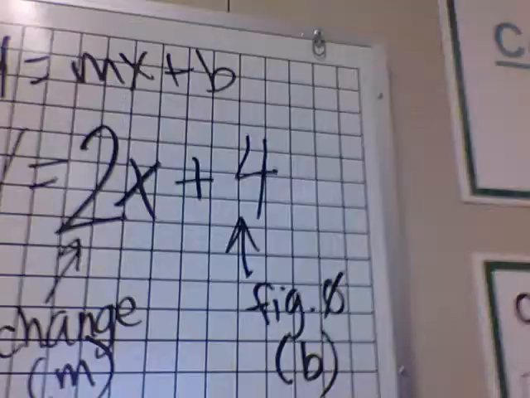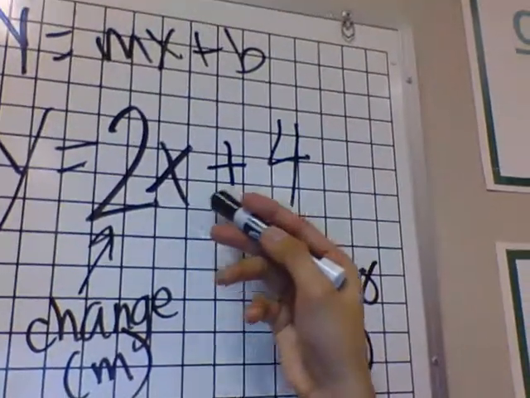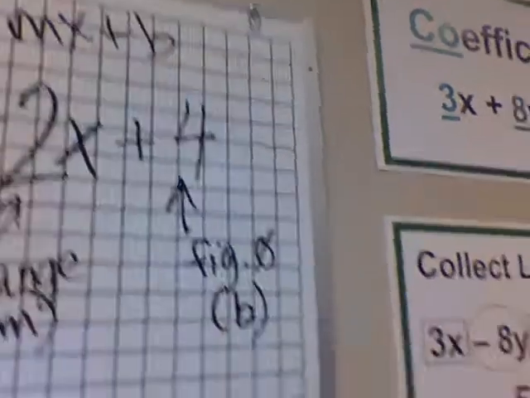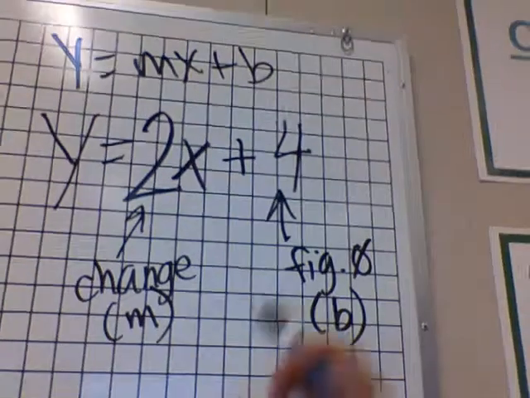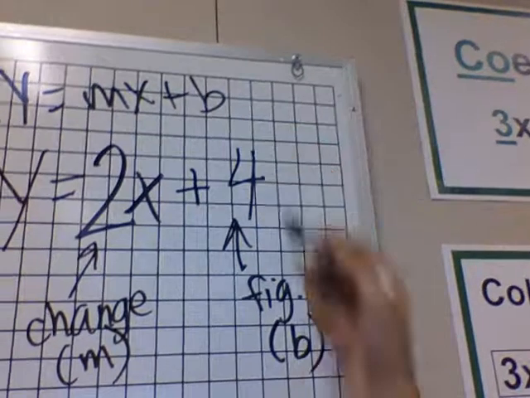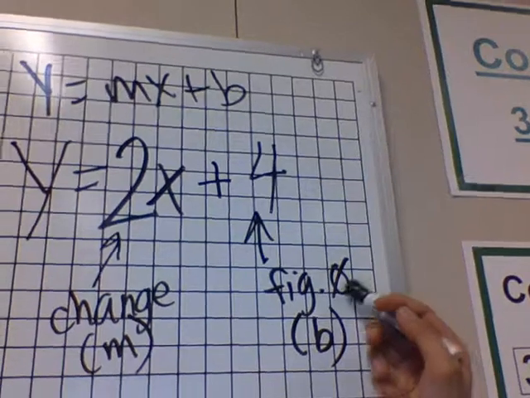Let me zoom in a little closer so you see it. Y becomes some number times x plus another number. And as we already know with the concepts we know, the number here is figure 0. It's where the pattern starts.